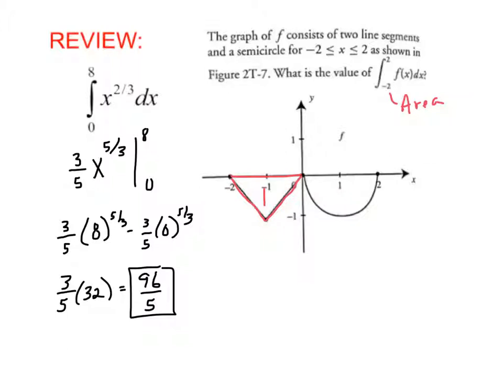Now notice it is negative, so we'll have to account for that. Here we've got a circle, of course pi r squared, but this will be divided by 2 because it's only a semicircle. So pi times 1 squared divided by 2 is just pi over 2. But it's all below the axis, so we've got negative 1 minus pi over 2, and that is the total area from negative 2 to 2.